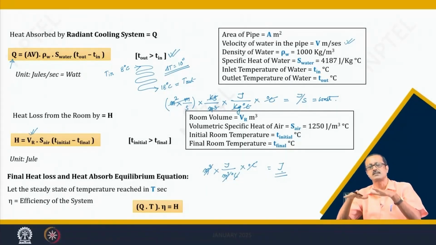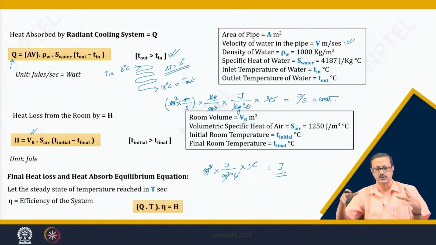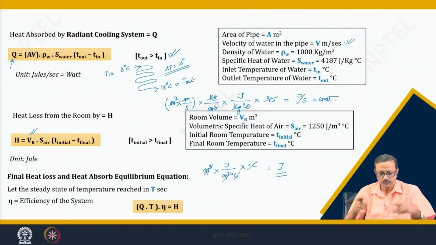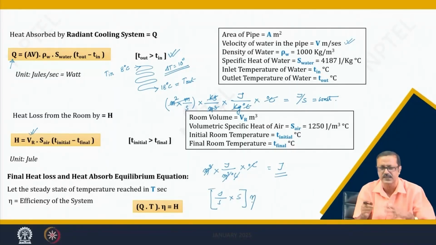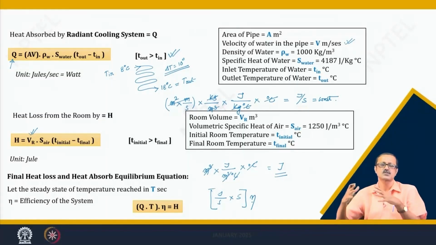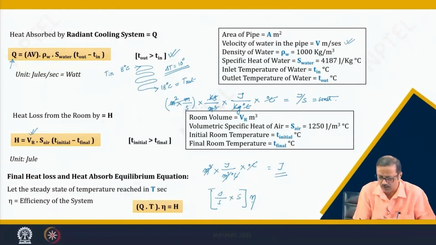Suppose this equilibrium or steady state takes t seconds after you start the flow. So, Q into t, where Q was in joule per second multiplied by some seconds, with some factor of eta, because there will definitely be some losses, so there is some kind of efficiency factor. That must be equal to H, which is in joule.